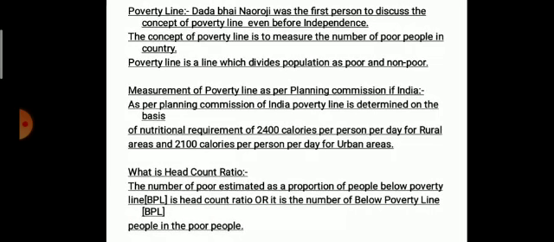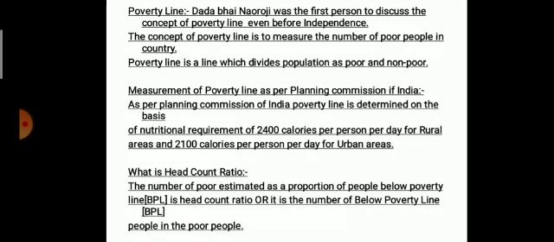There are many poor people in the country, but among those poor people, the below poverty line people are called head count ratio. It is the number of BPL people among the poor people.